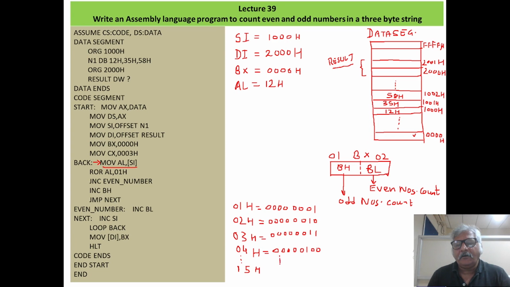Like this. 15 is 0, 0, 0, 1, and 5 is 0, 1, 0, 1.